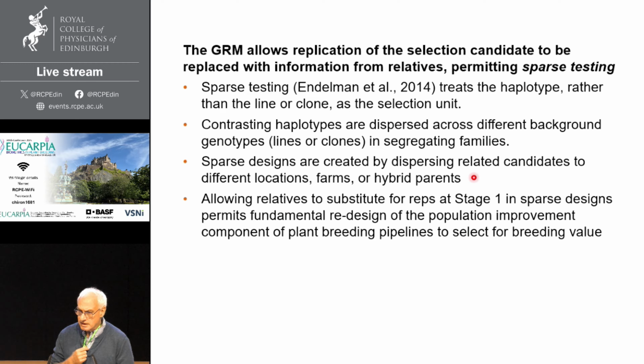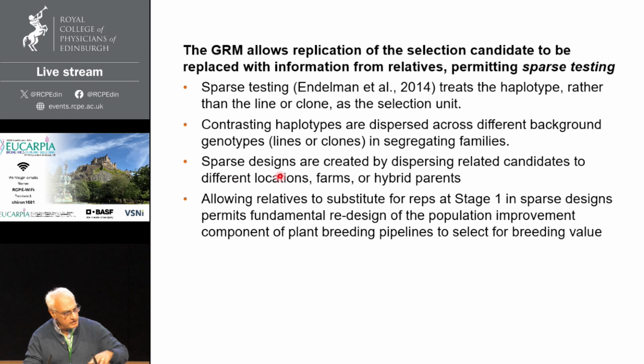And I'll be talking about the first two applications, dispersal across the sample of the TPE. But I would refer you to a poster by David Gonzalez to look at options for using the same approach in hybrid breeding.